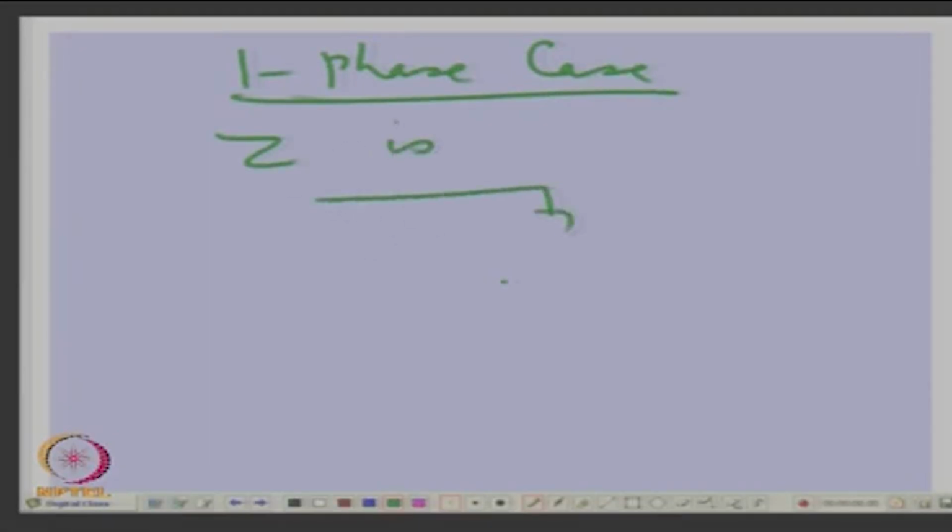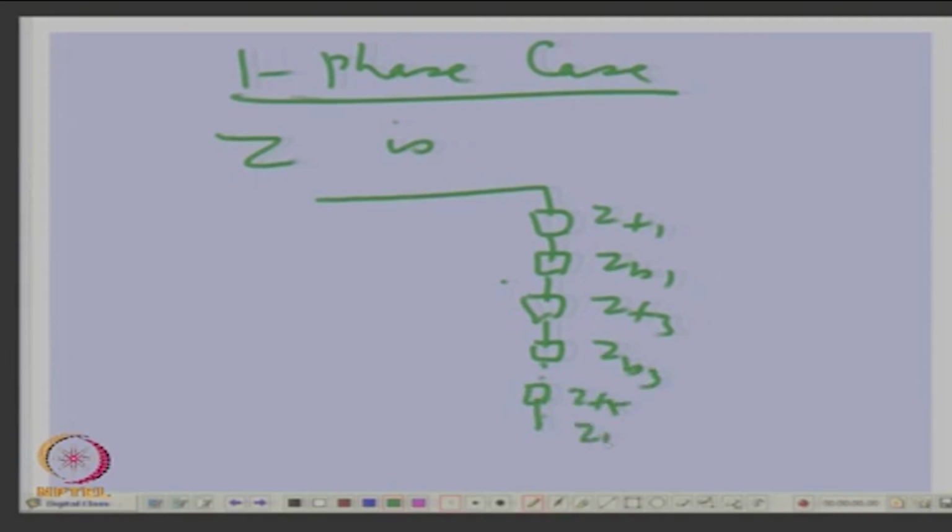To sum up, you will have the single phase case. What will be the impedance? You will have ZF1, ZB1, ZF3, ZB3, ZF5, ZB5.